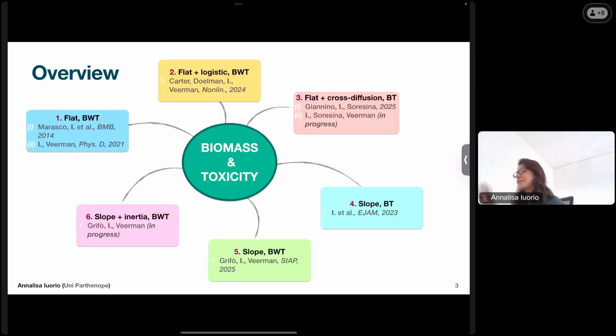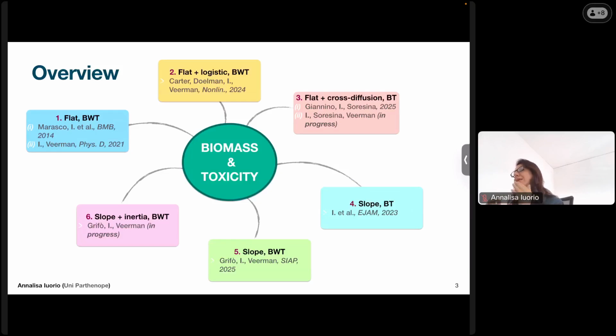The first thing I wanted to do, to give you a flavor of what is ahead for the next minutes, is an overview of the kind of projects that I'm going to touch upon in this talk, some of the projects that I've been working on in the past few years, connecting or putting together the dynamics of biomass and toxicity.